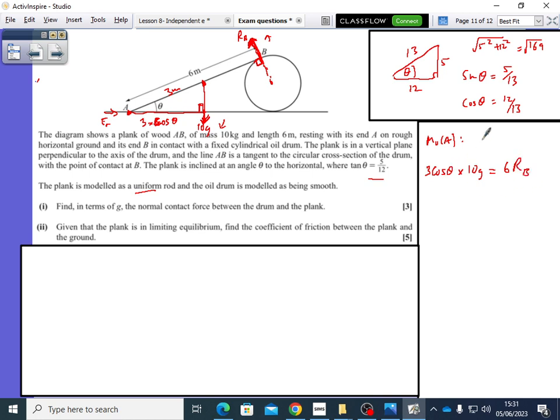So now we know that cos theta is going to be 3 times 12 over 13 times 10g, and we'll take that 6 down.